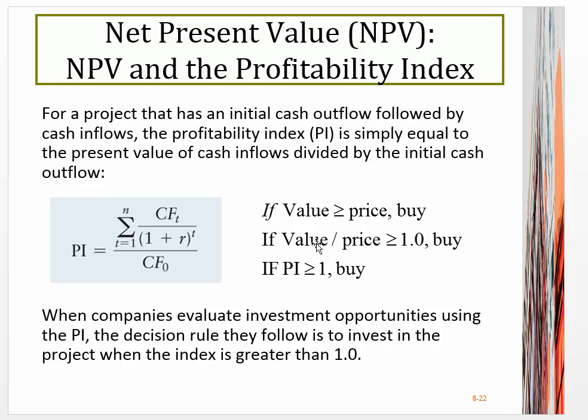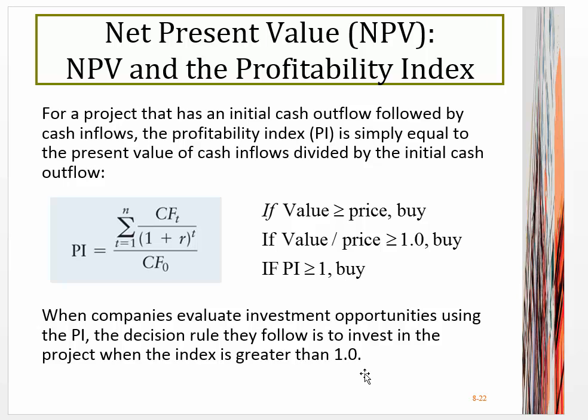So you take the benefit and divide it by cost. If that's greater than or equal to 1, then you'd be willing to buy the assets. So when companies are looking for investment opportunities, they would like to find assets or investments that have profitability indexes that are greater than 1.0.